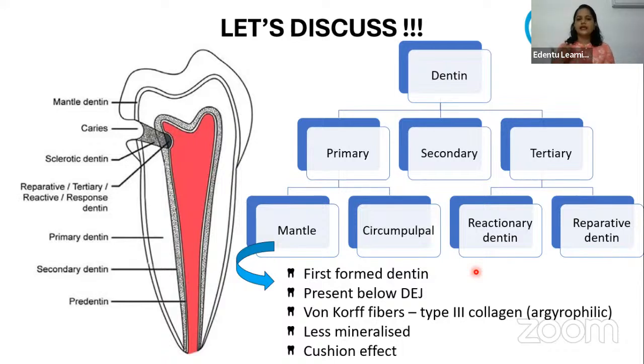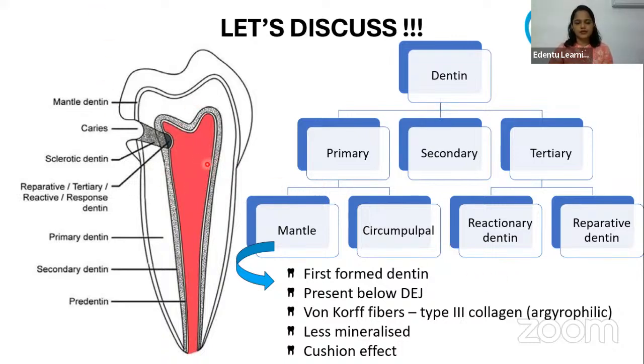In case of any caries or invading agents, the pulp will provide a protective mechanism, and at that time we can see the formation of the tertiary dentine. The primary dentine can again be divided into two types: one is the mantle dentine and the other is the circumpulpal dentine.